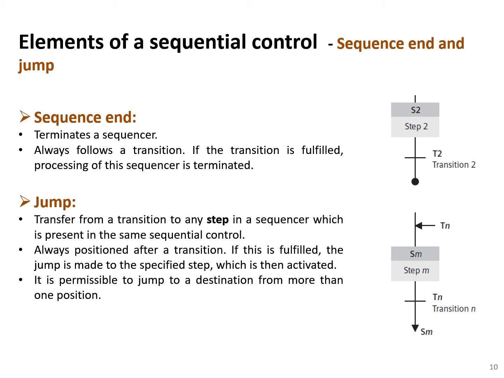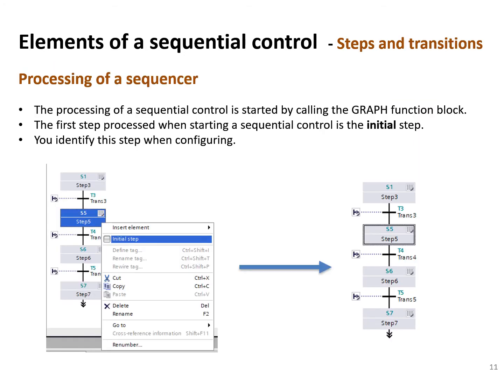So we could jump to a couple more steps. Well, it depends on the program and the branching, we need to see the feasibility and the properness of jumping to more than one step.